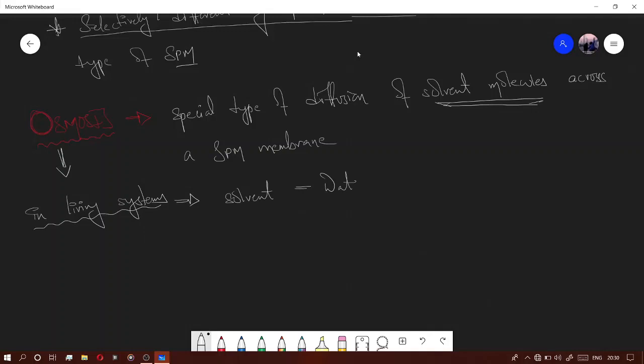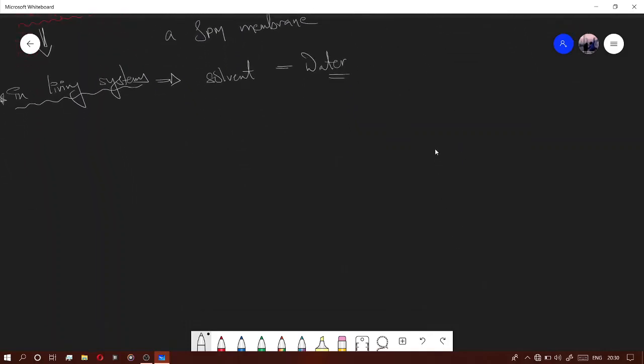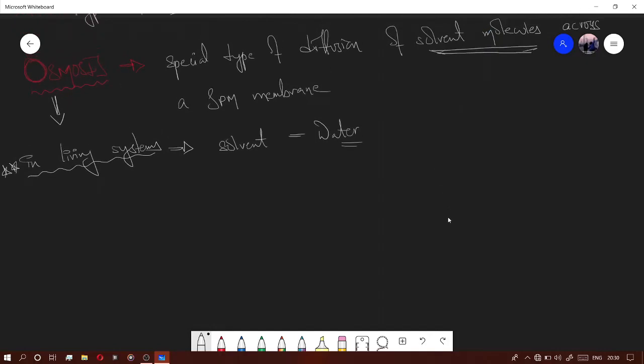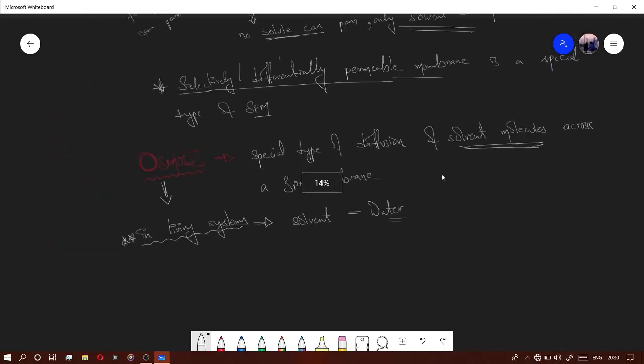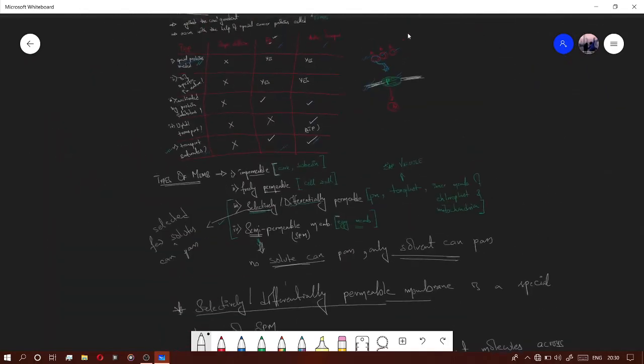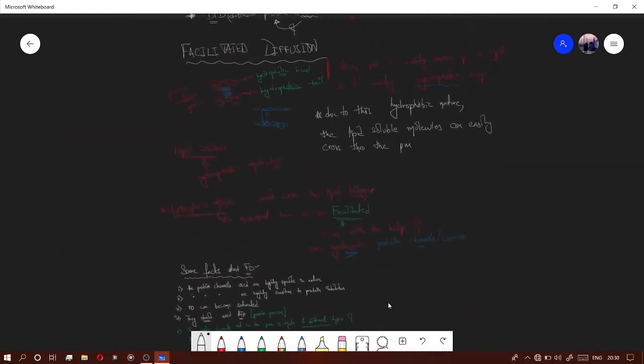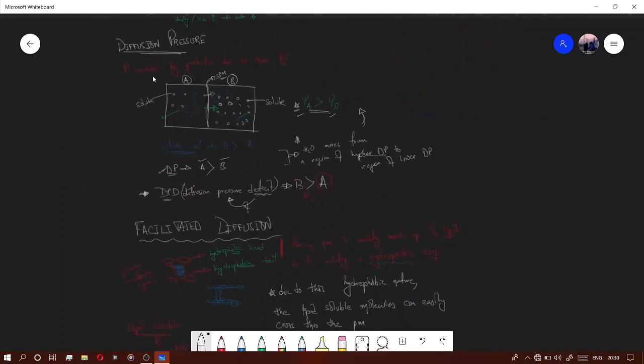Just remember this. In living systems means the one we are concerned with. Now, osmosis can also be defined with the help of the water potential concept, and I think you already know. I will copy the diagram that I had done long back and paste it.